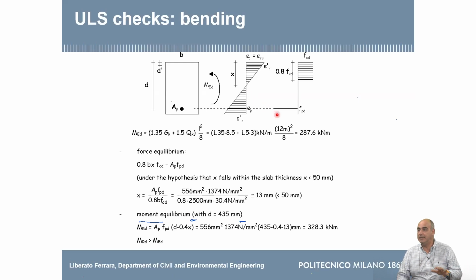We assume that the pre-stressing steel is yielded, and so you see we have this fyd. And we assume for concrete the simplified stress block diagram, so uniform compression equal to fcd applied over 80% of the actual compressive depth.